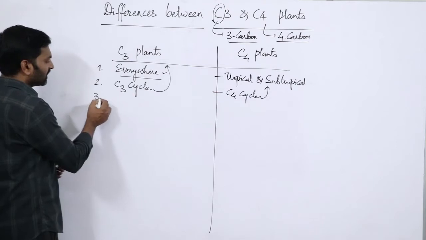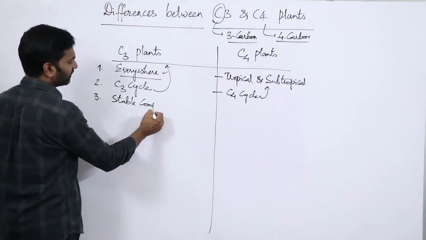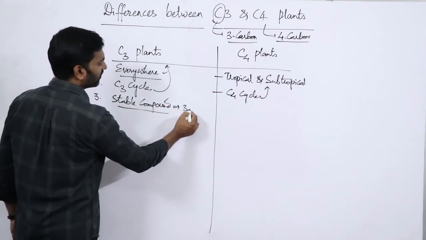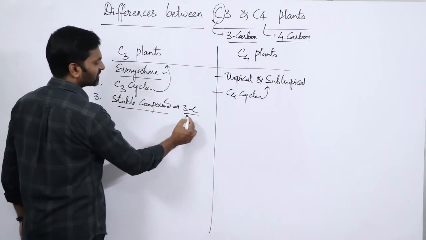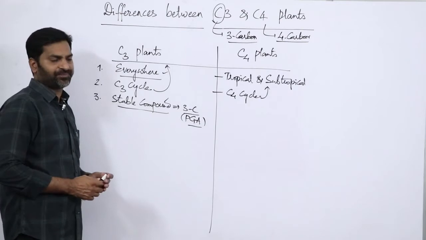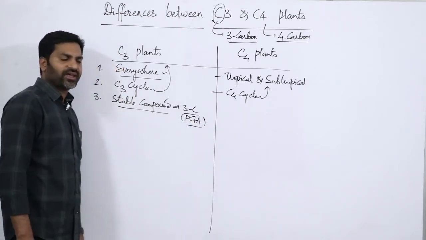Now the first stable compound in C3 plants will be a 3-carbon compound, that is PGA, phosphoglyceric acid.